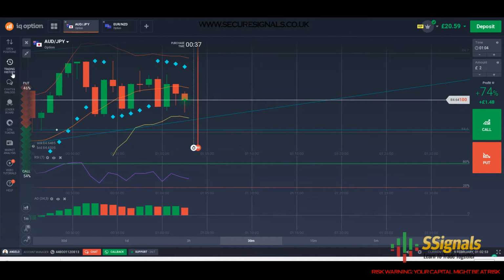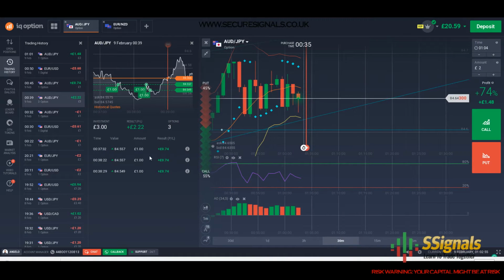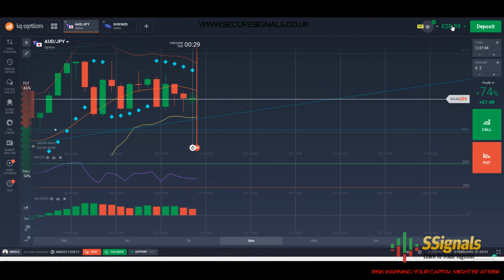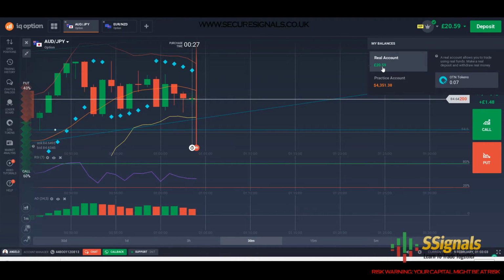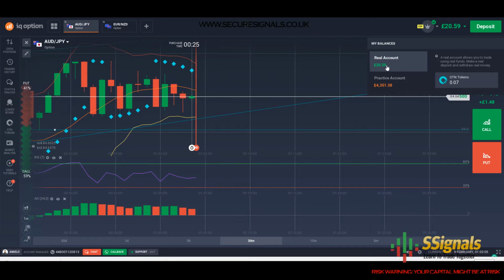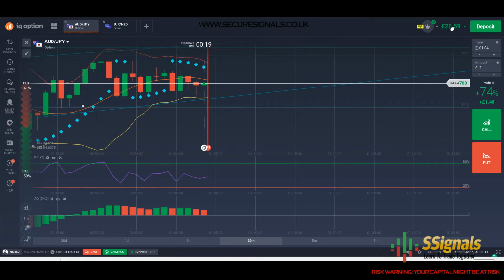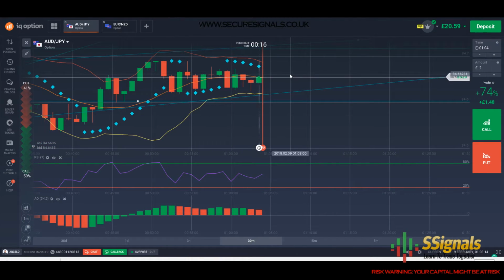I think I've actually entered one more trade here that you guys probably didn't enter. So this is an extra pound here. So I'm just going to leave that trade and consider it as £19.90 as a balance. So as you can see, we're back basically at starting balance.